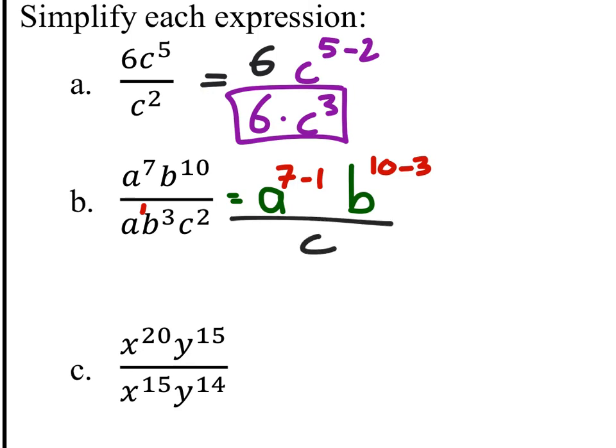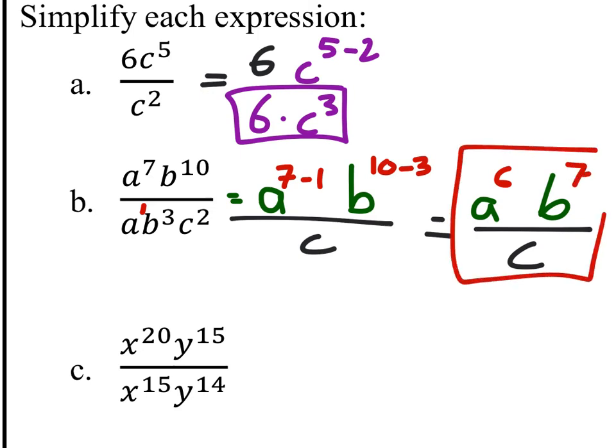So overall, we still have the c in the denominator, but we have a to the power of 7 minus 1, which is 6, and b to the power of 10 minus 3, which is 7. There it is. Oh yeah, sorry, I did forget the squared on the c.